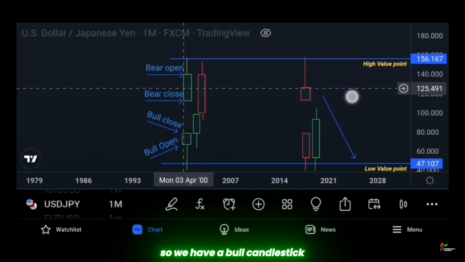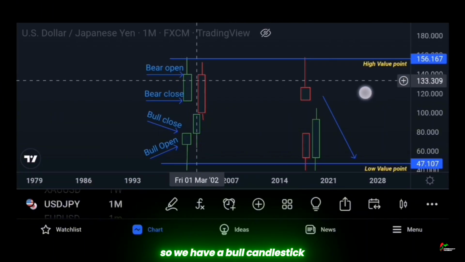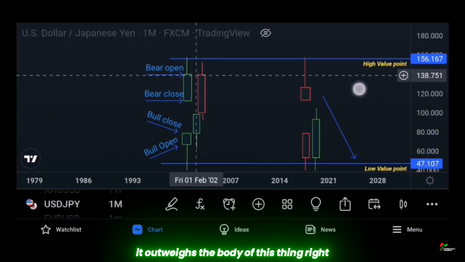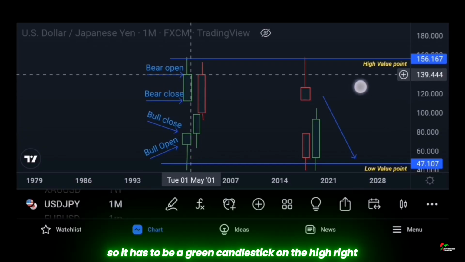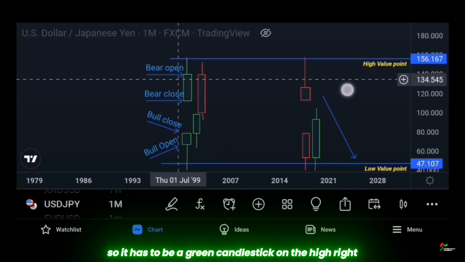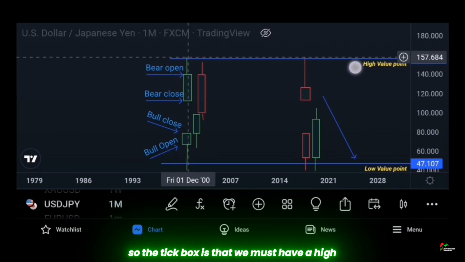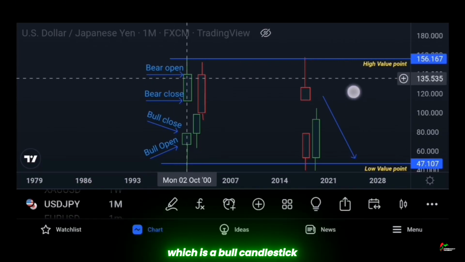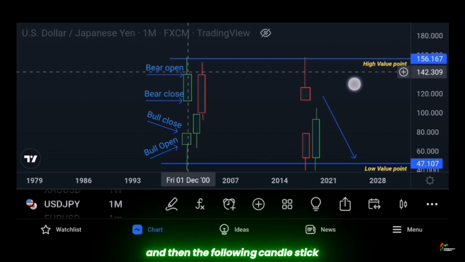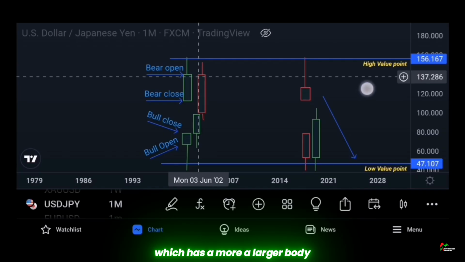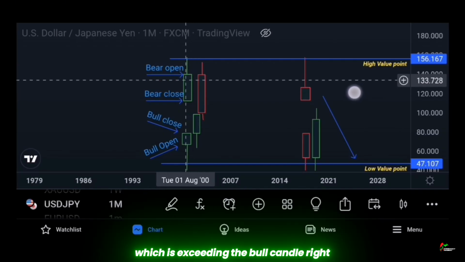We have a bull candlestick, and then the next candlestick overwhelms the body of this one, right? So it has to be a green candlestick on the high. The tick box is that we must have a high, with this bull candlestick, and then the following candlestick must be a bear candlestick which has a larger body, exceeding the bull candle.